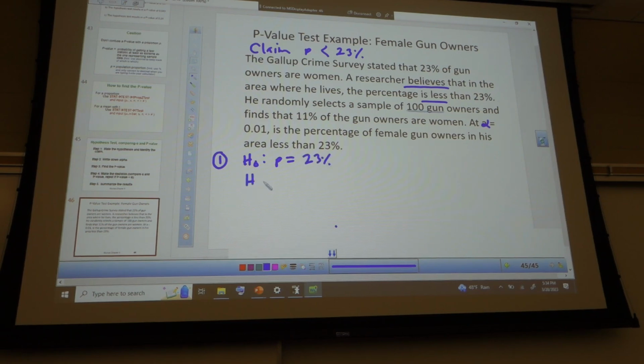H1 then would be what? Is that my claim? No. So H1 has to become whatever my claim is. Less than 23%. So that's my claim. I'm going to write claim next to it. And then in parentheses, I'm going to write the word support, because whenever H1 is our claim, we're going to either support or fail to support our claim.